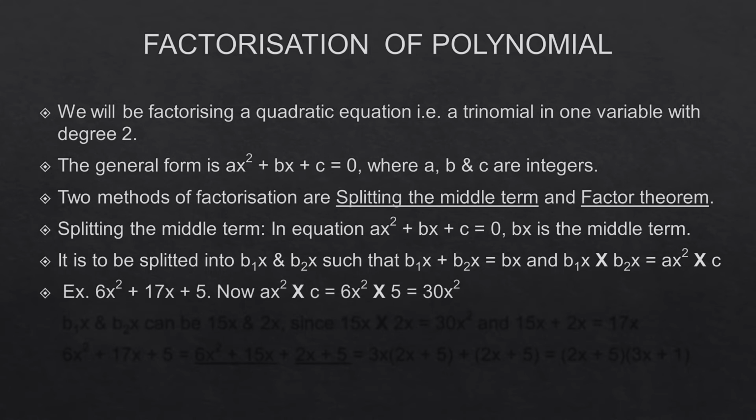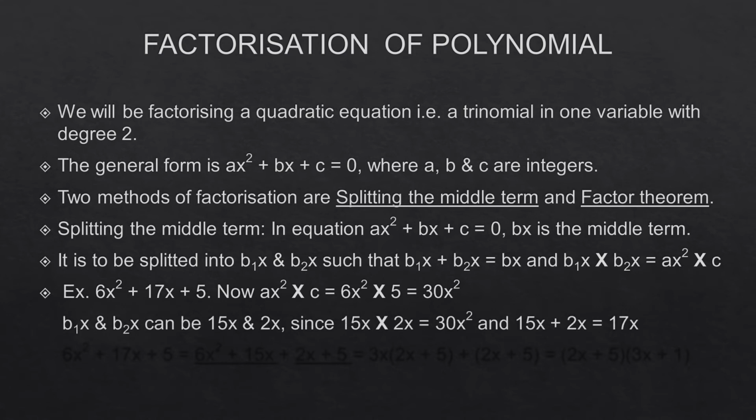In this example we are taking the quadratic equation as 6x squared plus 17x plus 5. Here a is 6, c is 5 and b is 17. So b1x and b2x can be taken as 15x plus 2x, since 15x into 2x is equal to 30x squared, which is equal to ax squared into c.